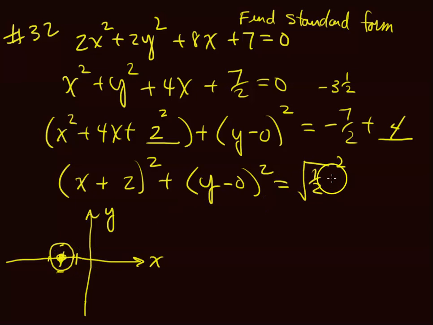Radius of 0.7, center -2, 0. So, see what you can do with these circles and make sure you can complete the square, because you'll have to do that for many of these problems.